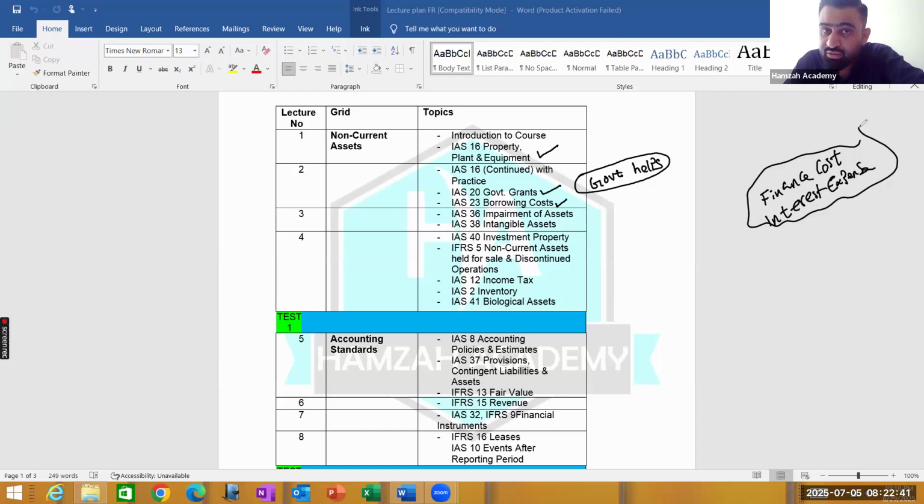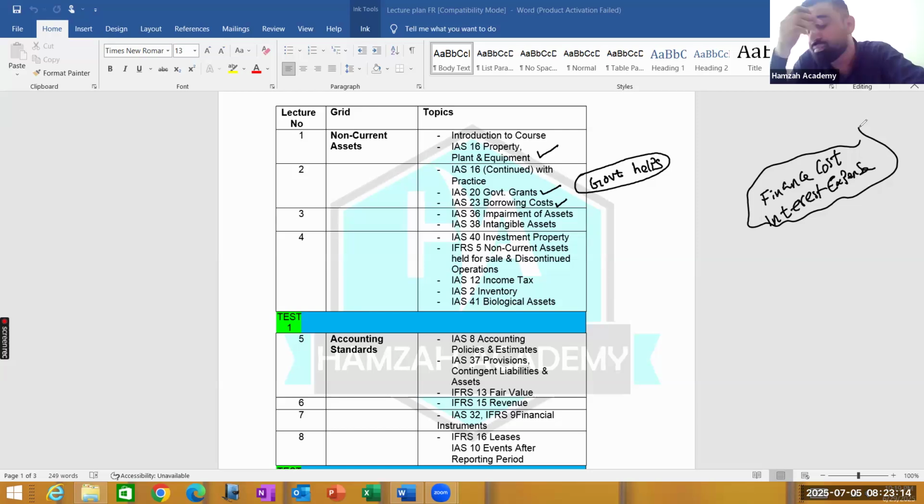But in some very specific situations, interest cost must be capitalized in the cost of the asset. For example, if I am constructing a house by taking a bank loan, then the interest cost on that bank loan will be capitalized as part of the cost of the asset.